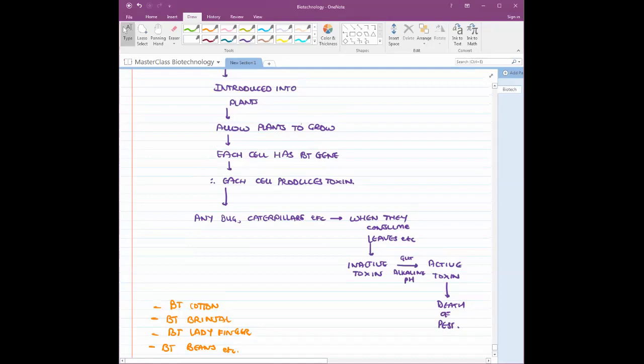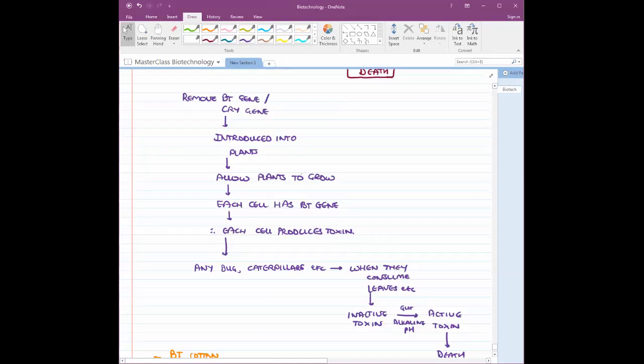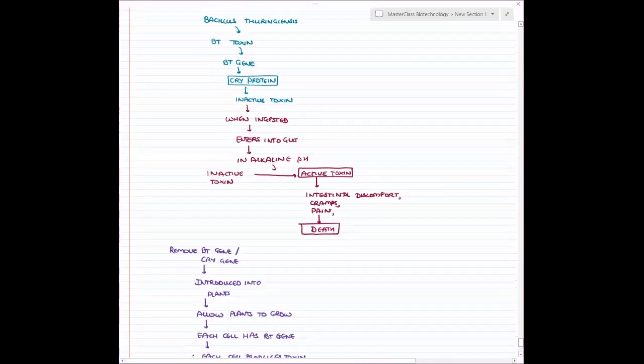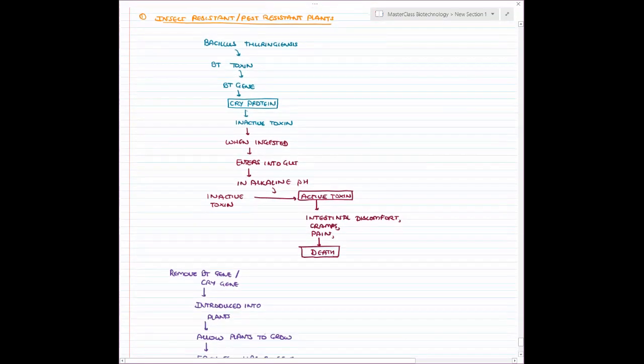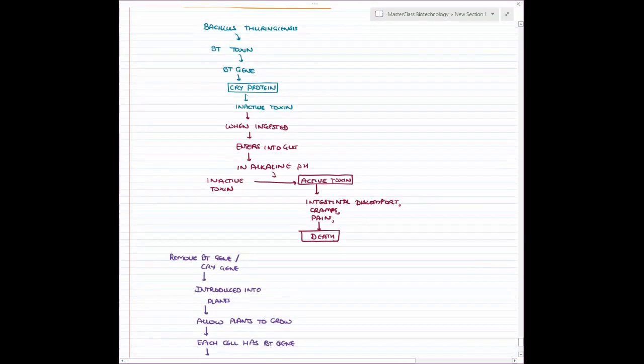So this is how we make use of your Bt gene, guys. This is how we produce your insect resistant or pest resistant plants. Just have a look, guys.